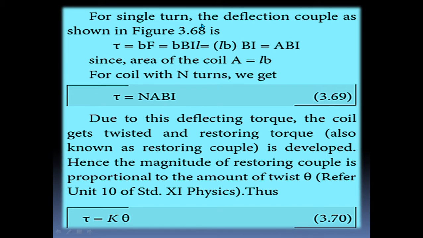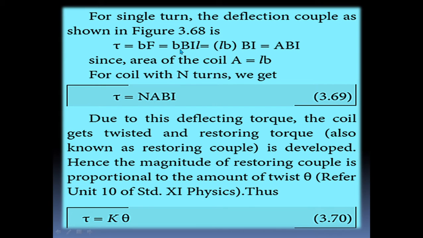The next topic is force on a single turn. So now let me calculate the force on a single turn of the coil of rectangular shape. The deflecting couple: already we know the formula for the torque. Torque means force into perpendicular distance. From the Lorentz force, what is the value of force? Force is nothing but BIL. So substituting, tau is equal to force into perpendicular distance: force BIL, perpendicular distance B, that means breadth.